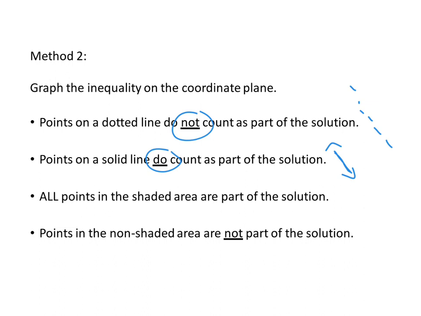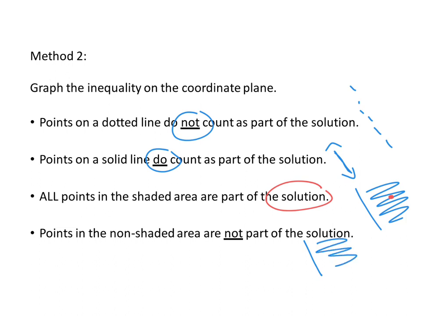And when you look at the shaded area, let's say we're shading over here and our point falls in that shaded area, then that is a solution. If our point is not in the shaded area, let's say it was somewhere over here, that's not a solution.